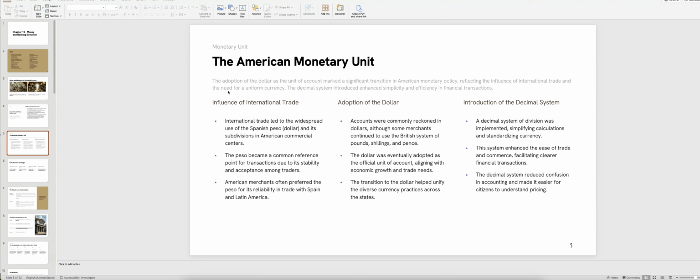What the United States is trying to do is grow as a country. It wants its dollar to be used more often, and it wants to have control over the currency as opposed to the Spanish peso or the British pound being used, because then they get to control their destiny.